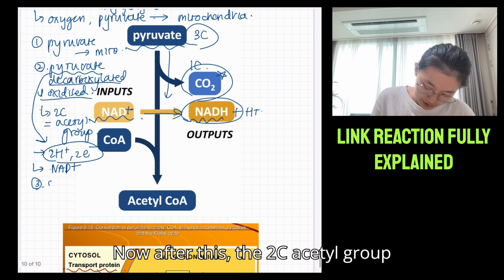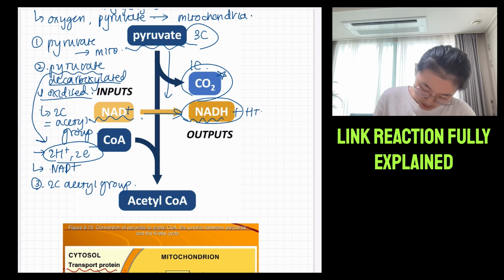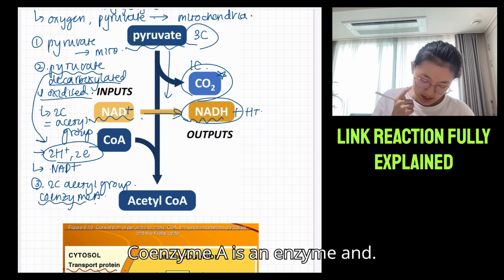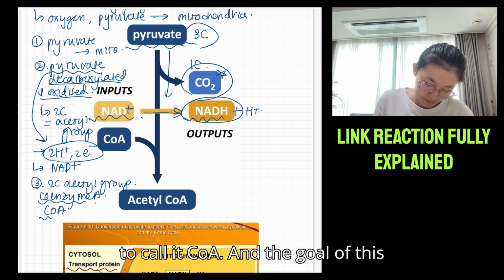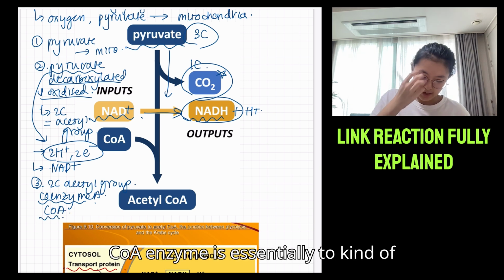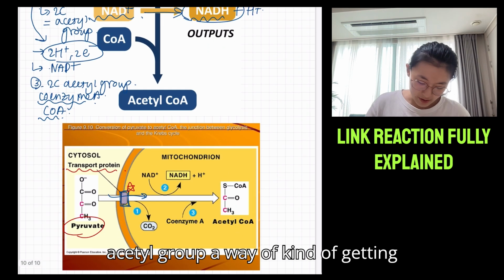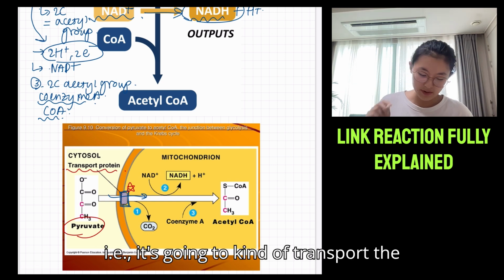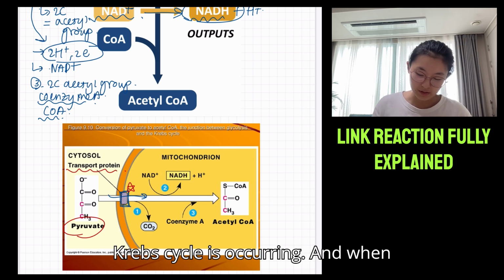Now, after this, the 2C acetyl group, which we have produced earlier on, is going to be accepted by coenzyme A. Coenzyme A is an enzyme, and when we abbreviate it, we're just going to call it CoA. The goal of this CoA enzyme is essentially to provide the acetyl group a way of getting to where the Krebs cycle is occurring, i.e. it's going to transport the 2C acetyl group to the location where the Krebs cycle is occurring.